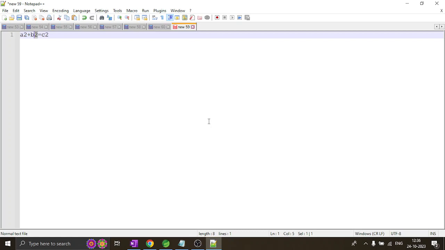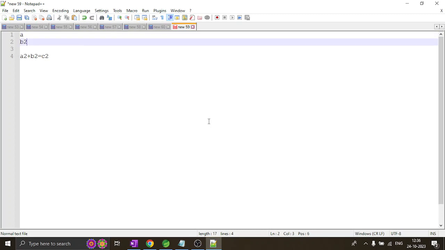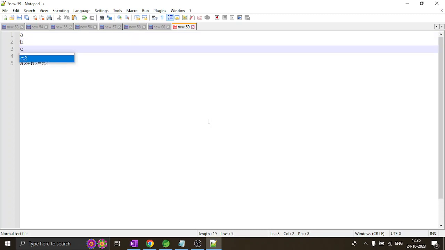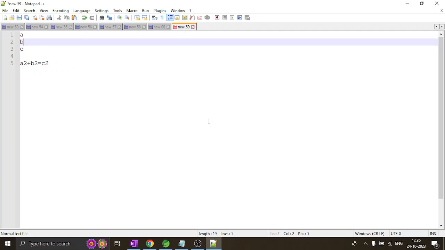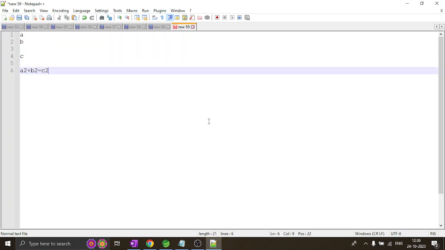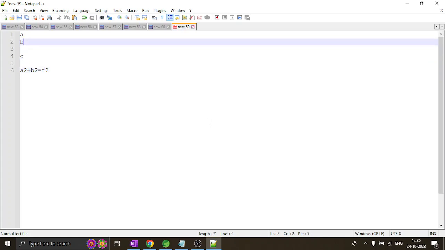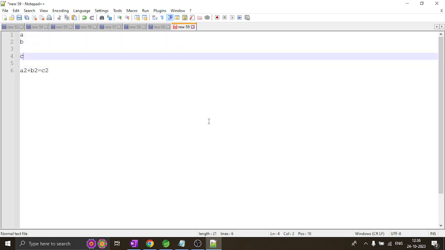And how do we find a and b, and which is the c one? Which is the hypotenuse one. So we will take three numbers as input a, b and c, and then we have to find which is the largest one. Let's say for this case c is the largest one, and hence we do c square, and a and b can be side 1 and side 2, right?